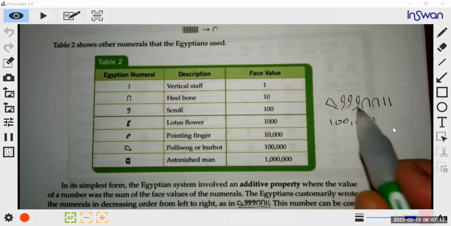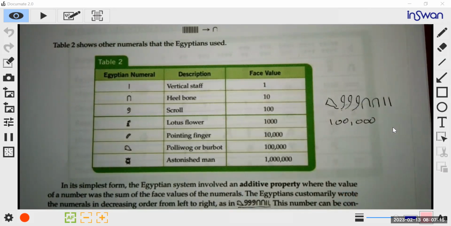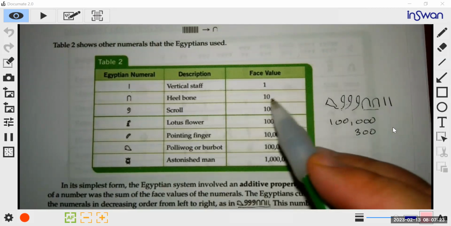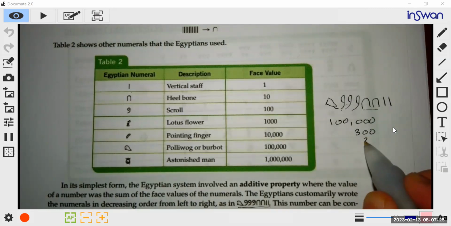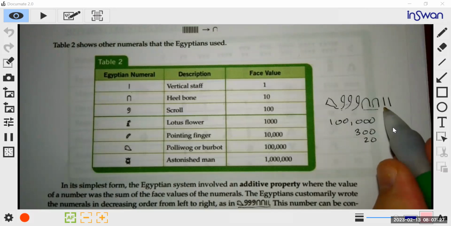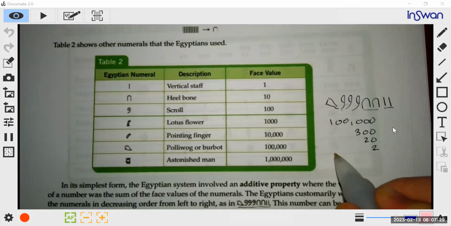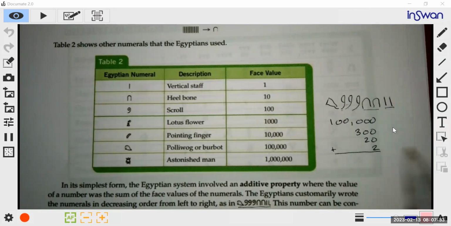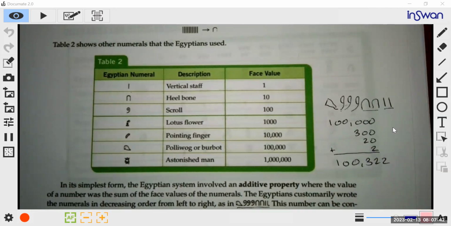And each of these represent what? So you have 3 of them. That's 300. And these represent 10 each, so that's 20. And then there's 2 of those. Combining all those, we get 100,322.